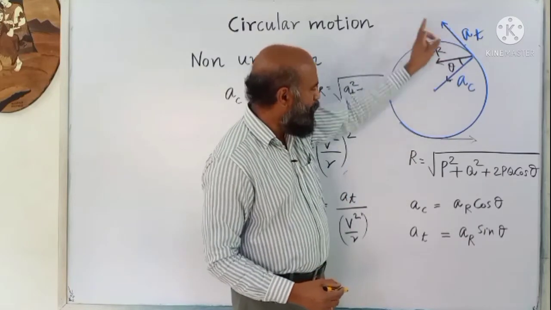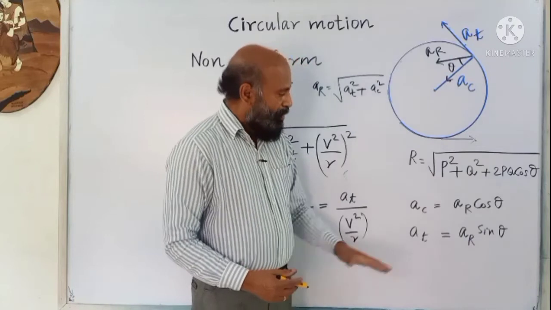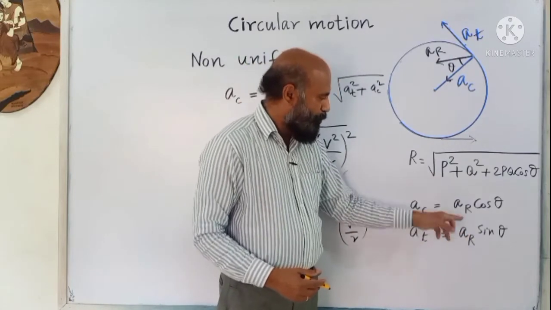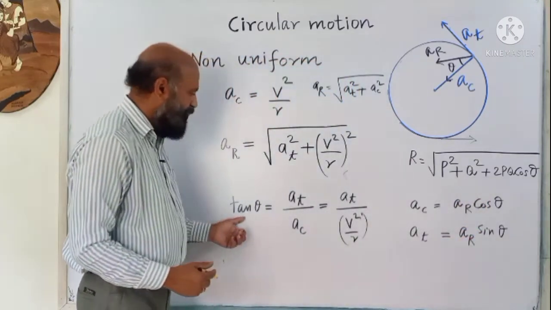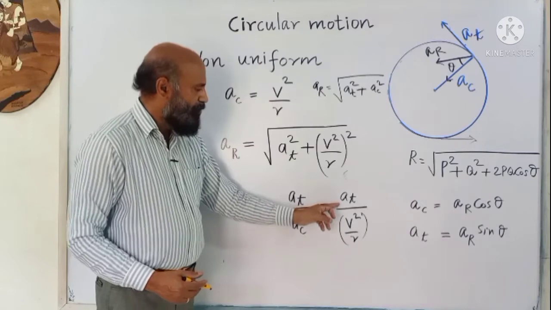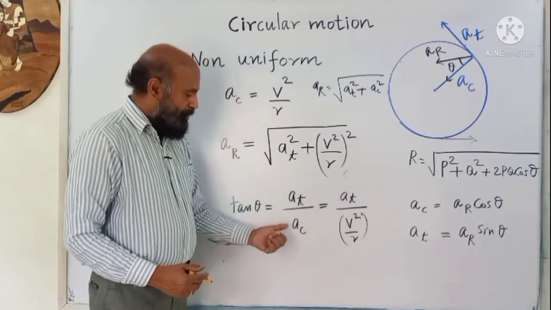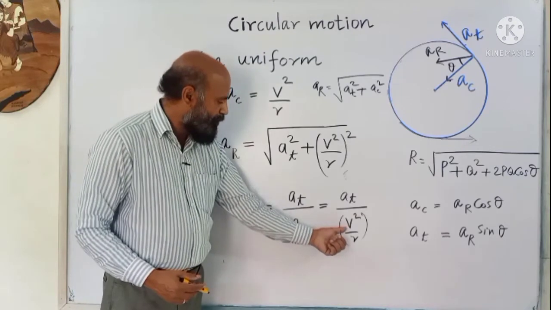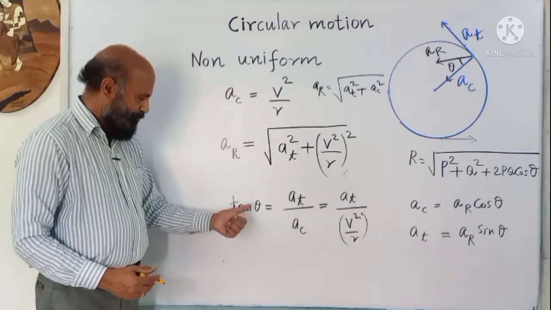Then perpendicular to that, AR sin theta, tangential acceleration. When you divide this equation by this equation, AR will get cancelled. Sin theta by cos theta is tan theta. Tan theta is AT by AC, tangential acceleration divided by centripetal acceleration. Centripetal acceleration is V square by R. So we can get the angle.